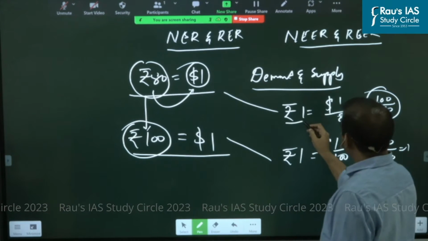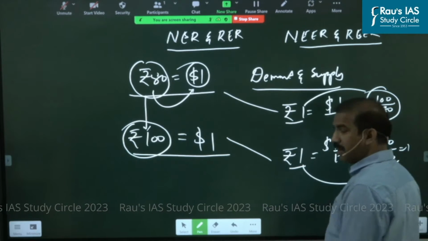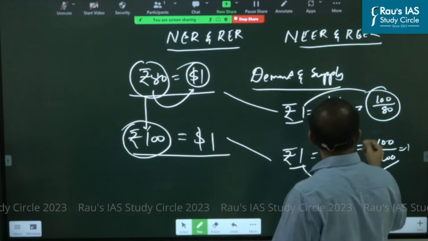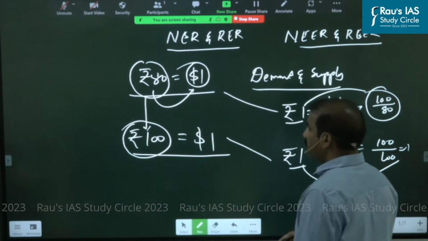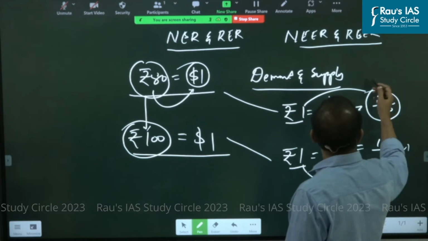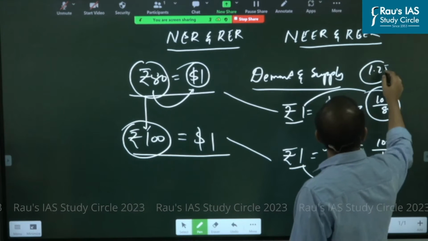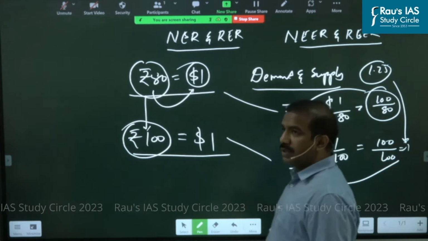So my rupee in this case is relatively costlier compared to this scenario. Do you accept the fact that 100 by 80 is more than 1? It's going to be 1.25. So 1.25 is greater than 1. That's the reason.